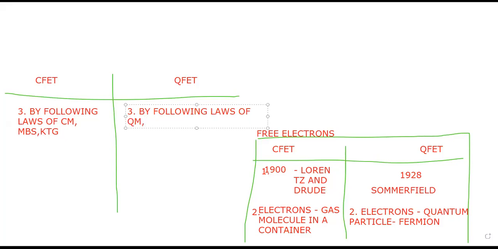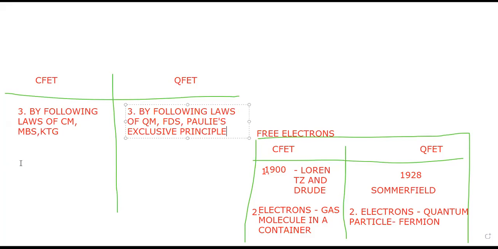Next, Fermi-Dirac statistics, FDS, and Pauli's exclusion principle. Here electrons are compared with quantum particles, which behave or move in the solid by following the laws of quantum mechanics, Fermi-Dirac statistics and Pauli's exclusion principle. Already you know Pauli's exclusion principle was introduced to explain the electronic configuration in solids.